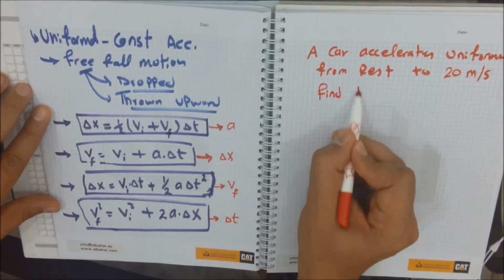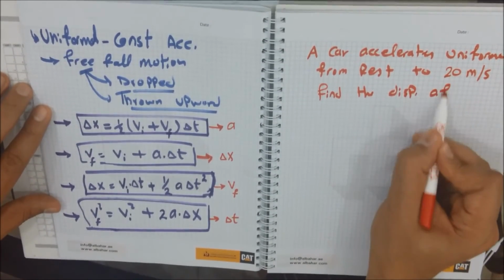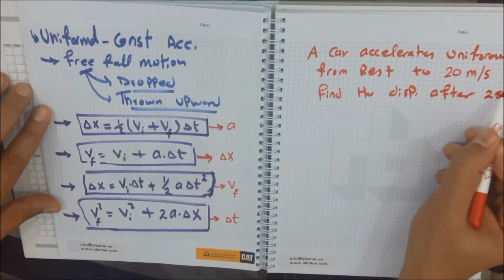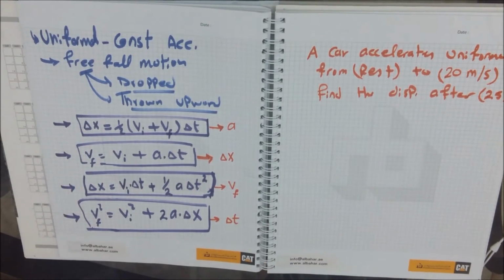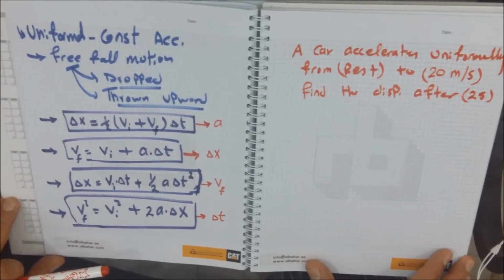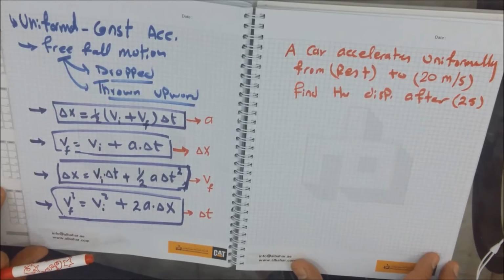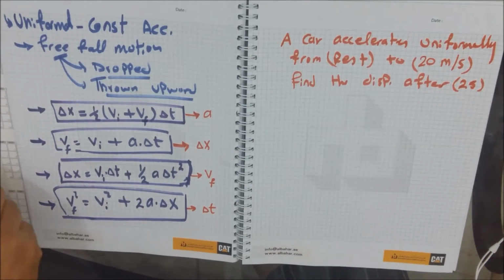Find the displacement after 2 seconds. So first of all, you need to have a careful look at the problem, and if you focus a little bit, you will find out that the key word is mentioned.